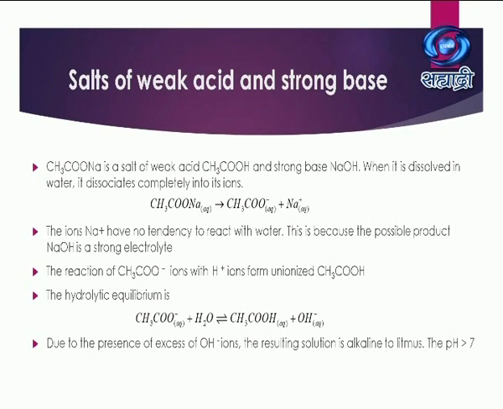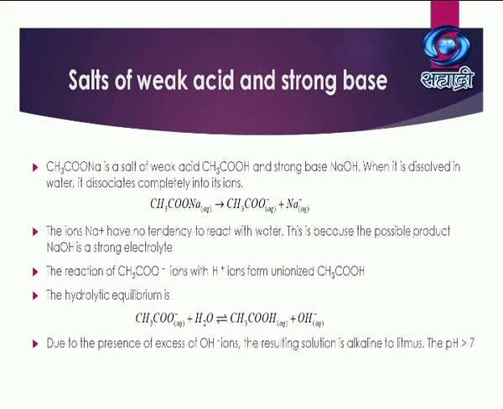Now here Na+ ions have no tendency to react with water, because what is the possible product? It is NaOH, but NaOH is a strong electrolyte and dissociates completely. So acetate ions combine with H+ ions forming the weak acid, acetic acid.